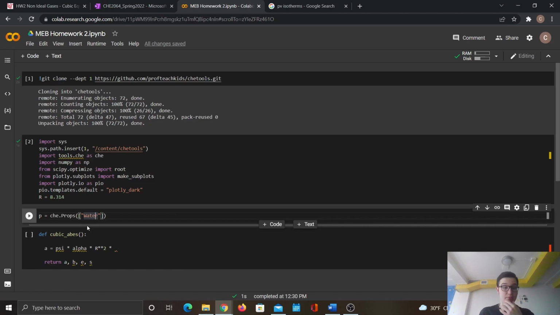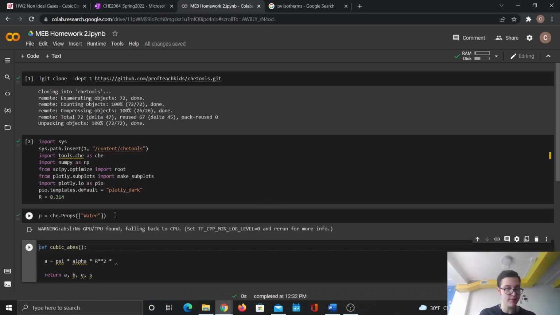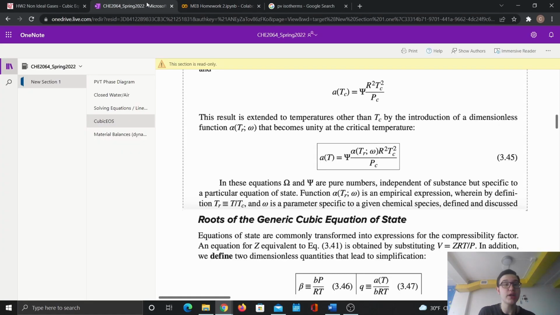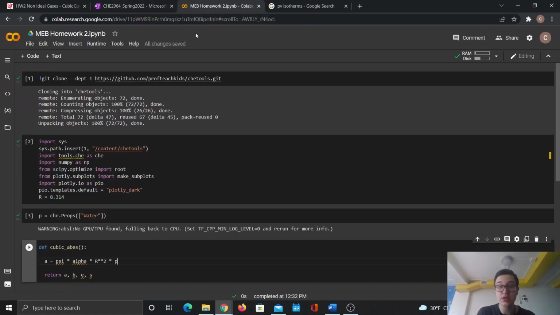So this will input the chemical properties of water. This is a function here that I can use to call the critical temperature and the critical pressure. Shift enter to make that work. Good. That error there is just saying that's on the computer, not on the cloud, which is fine. So we want P times P.TC for critical temperature. I want that squared. I'm going to put this in parentheses here.